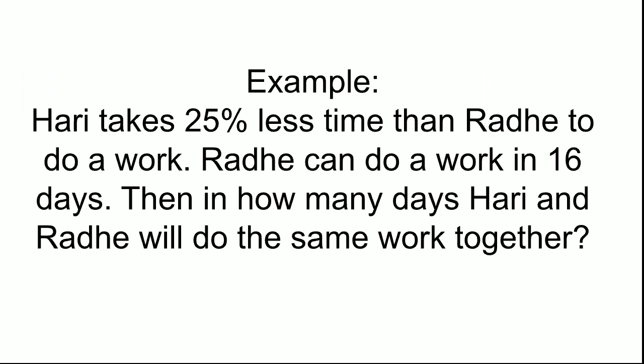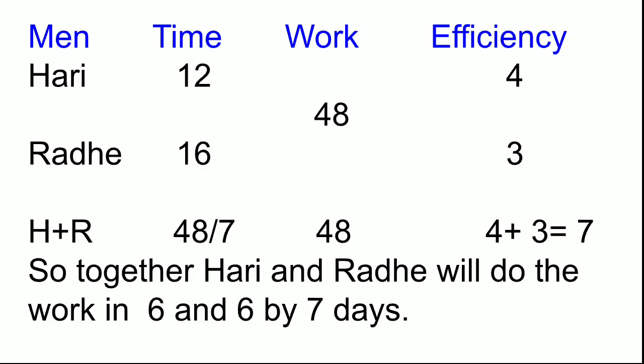Let us take another example. Hari takes 25% less time than Radhe to do a work. Radhe can do a work in 16 days. Then in how many days Hari and Radhe will do the same work together? Let us see the solution. Men, Hari, Radhe. Time taken by Radhe 16 days.